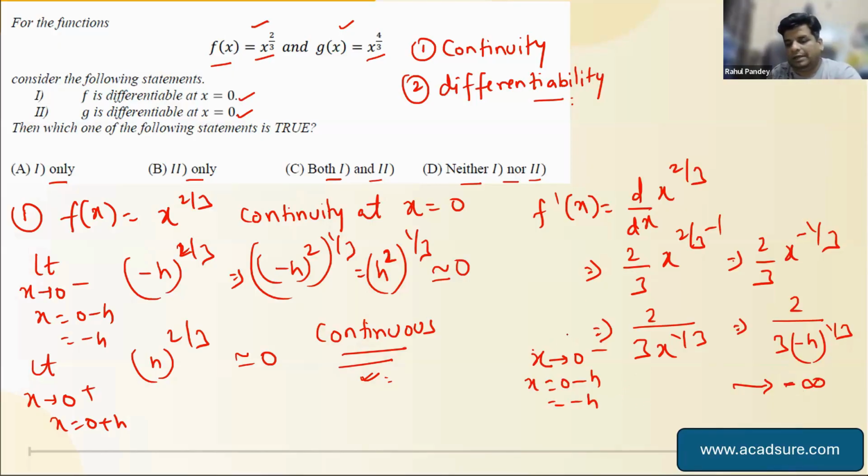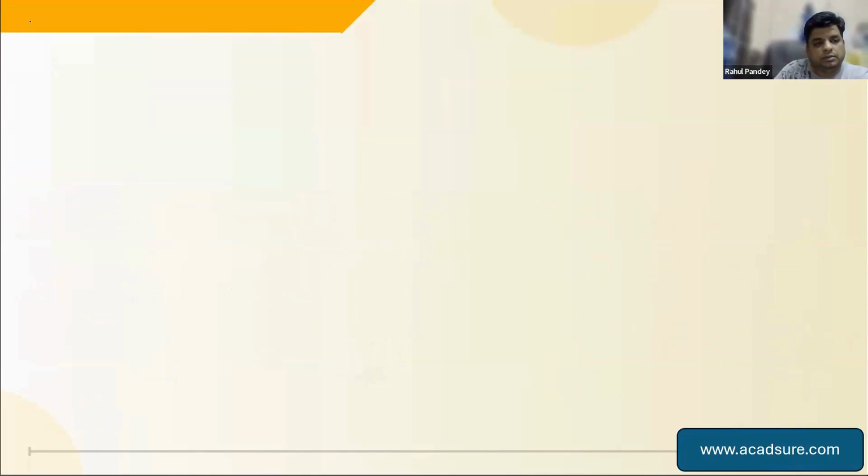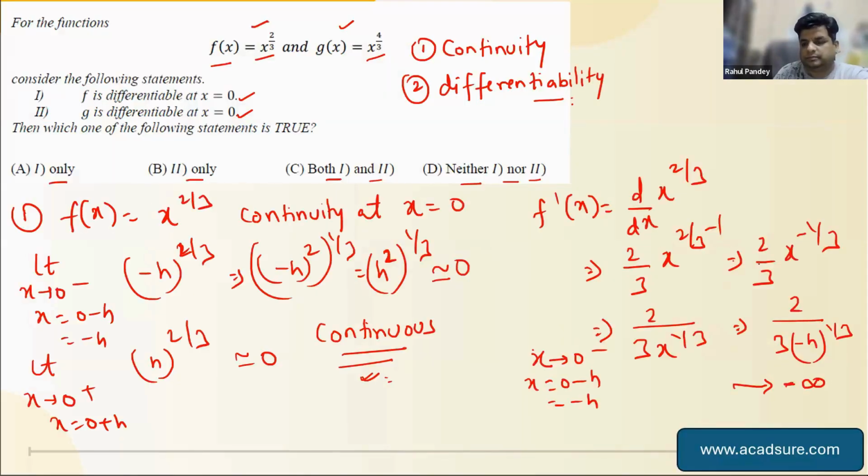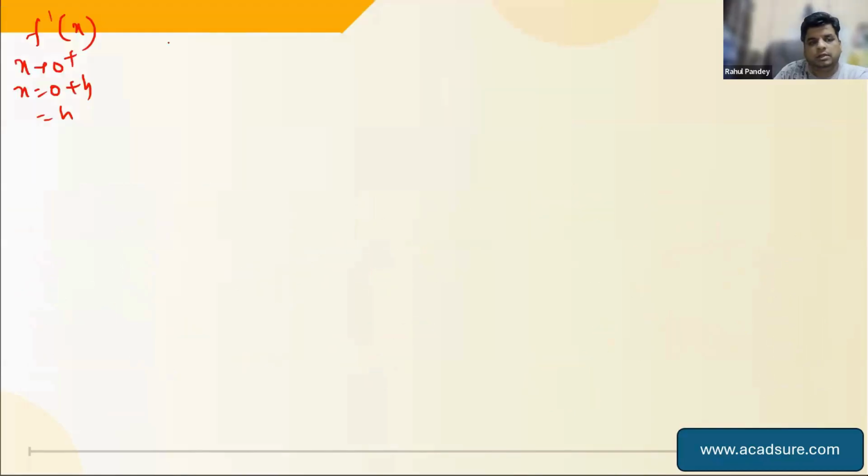Now let's check for the right limit. So f'(x) tending to 0 plus, x = 0 + h, which is h. It will be 2/3 x^(1/3) in the denominator, so it is 2 by 3 h^(1/3), a small but positive number in the denominator.